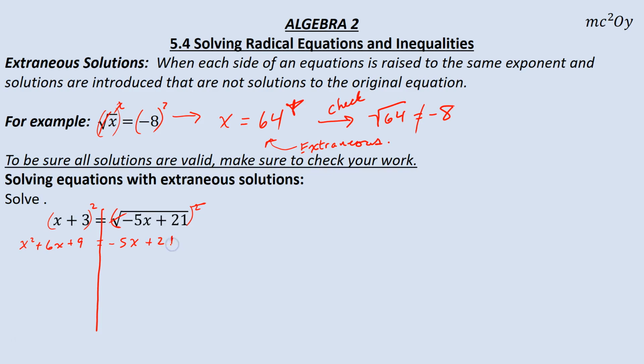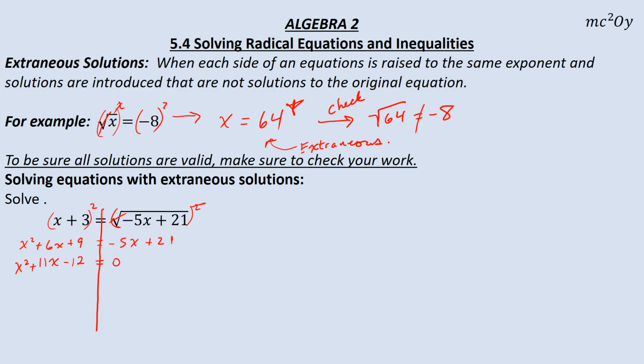I want to move everything over because I have a quadratic. It's not going to cancel out, so we'll add 5x over. That gives me 11x. We'll subtract 21 over. That gives me -12. And we still have our x squared. And all that equals 0.